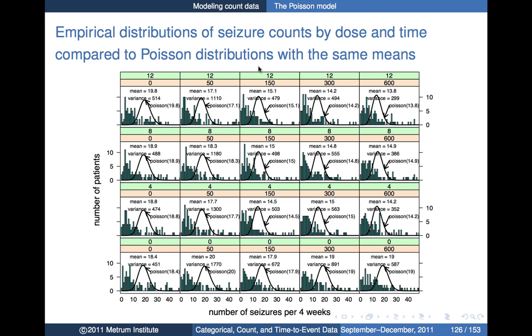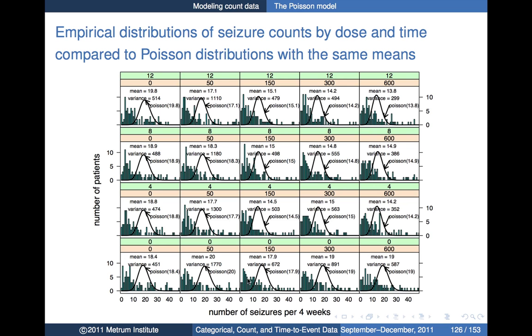To orient you to this, what we're looking at are empirical distributions of our seizure counts broken up by dose and time. On the left-hand axis, these are histograms really, giving the number of patients corresponding to each number of counts, and on the x-axis the number of counts per 4-week period. As we go from bottom to top in the panels, we're going over time.